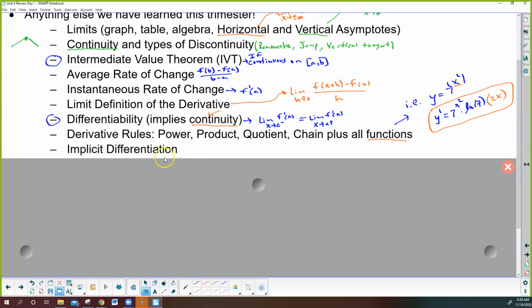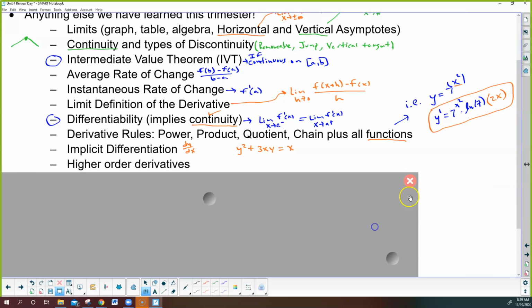All right, implicit differentiation. This is dy/dx, right? So if I gave you an example, let's say I had y squared plus 3xy equals x. Well, you have to take the derivative of each side.